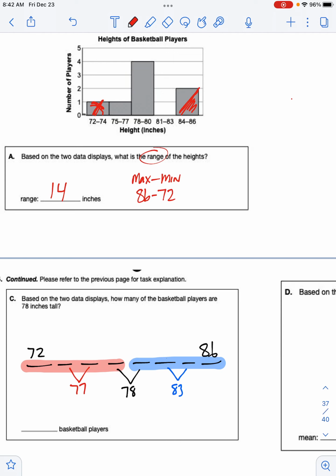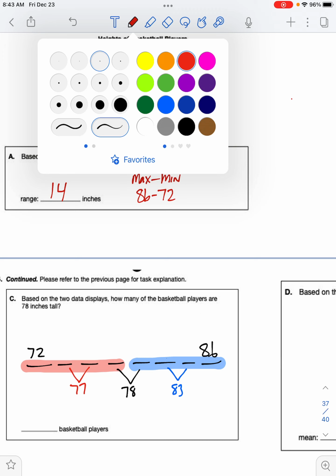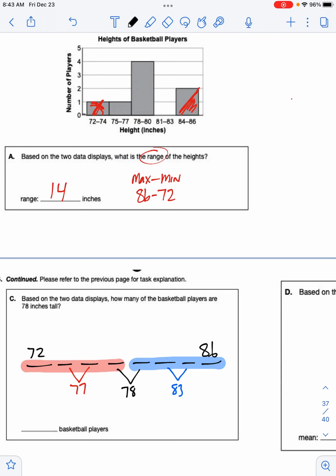78 to 80, we have 4 numbers. 4 numbers from 78 to 80. So that's going to help us find this median. That means basically that if our median is 78, two of these numbers here are both going to have to be 78s, because that's the lowest one we can possibly have.